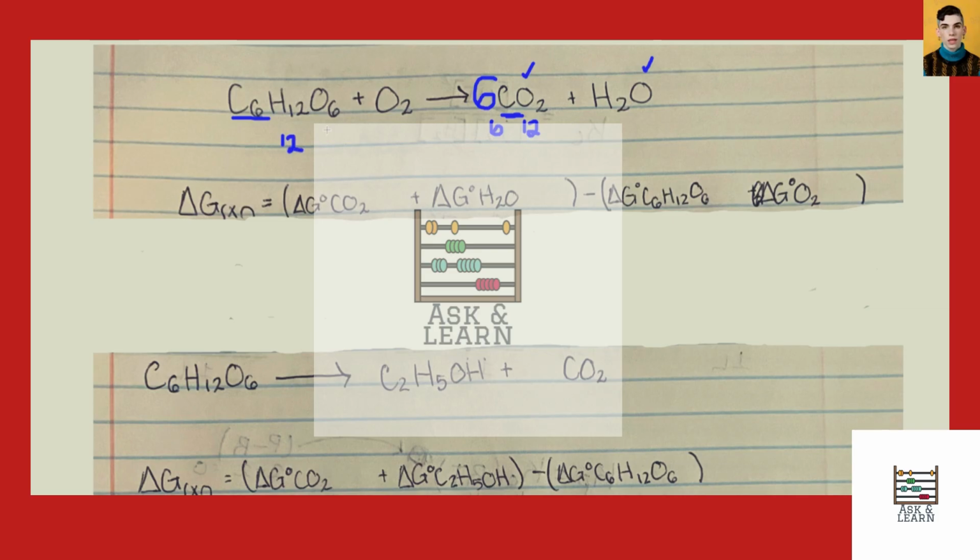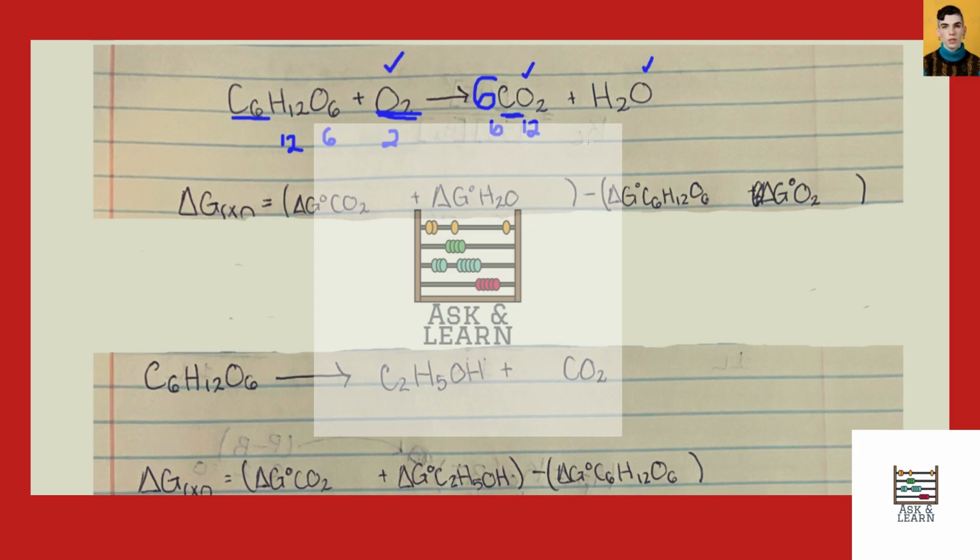We've balanced the C's. And we have 6 O's there and 2 O's there, so we have 8 O's there. Most likely, when you see an O2 on its own like this, this will be a great thing to balance last because you can add the extra O2s.